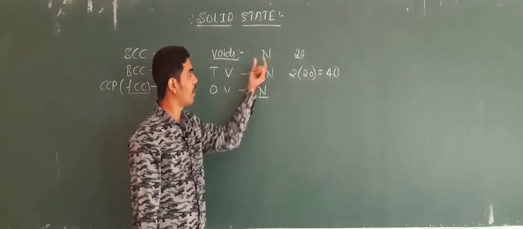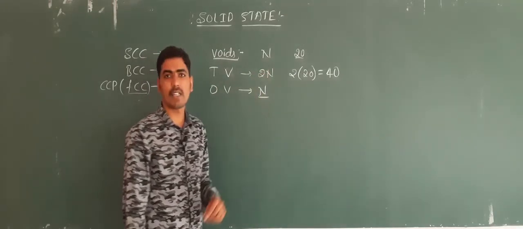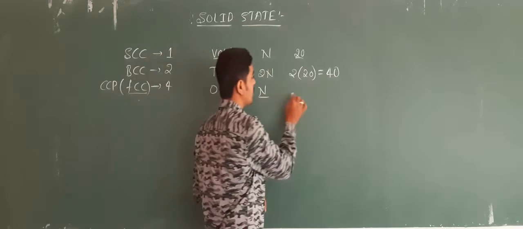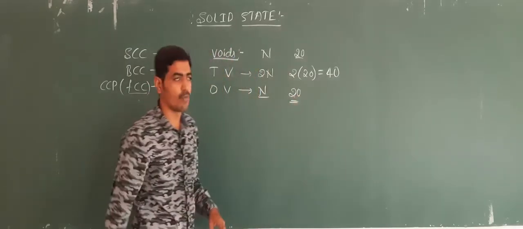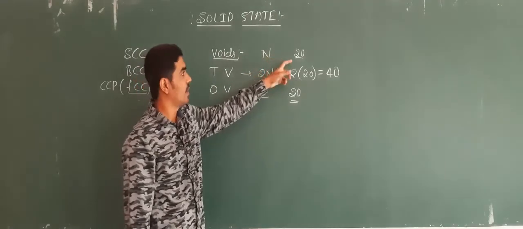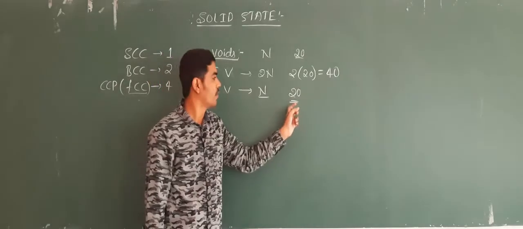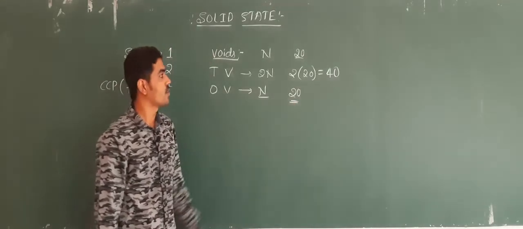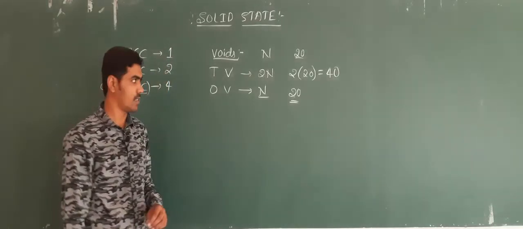That means the number of octahedral voids is equal to the number of particles in a unit cell. If it is 20, then the number of octahedral voids formed will also be 20. This we have already learnt in the previous class.